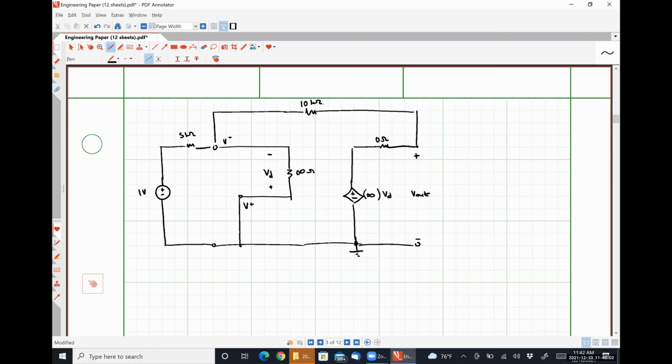So the reason why the output voltage in our positive feedback and open loop circuits was pinned to either VCC plus or VCC minus had everything to do with the fact that our differential voltage was non-zero. And in an ideal op-amp, we will find in just a second that the differential voltage will always be exactly 0.